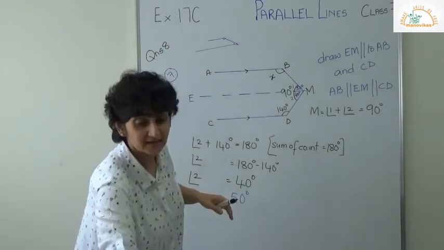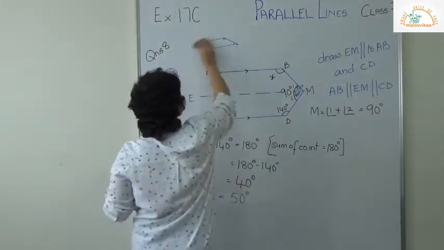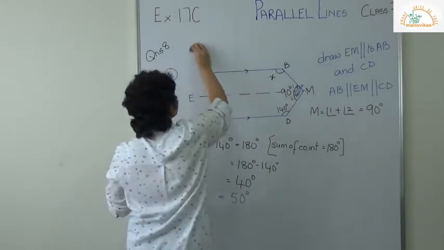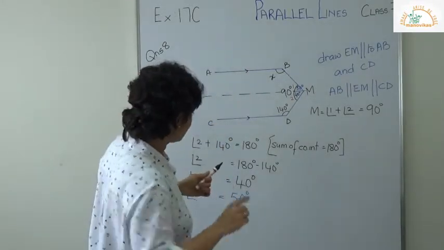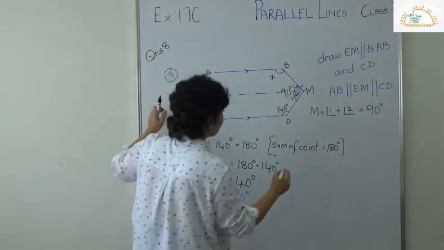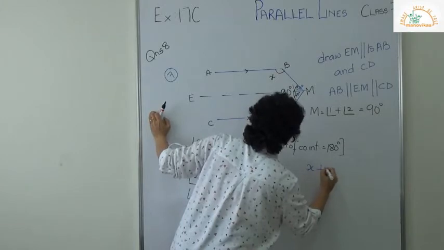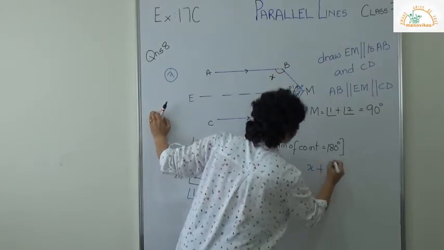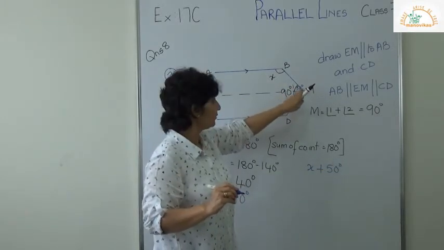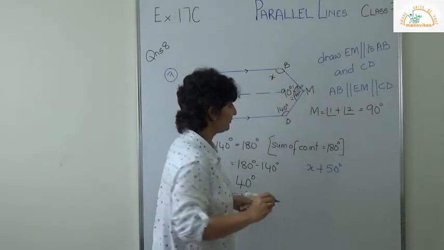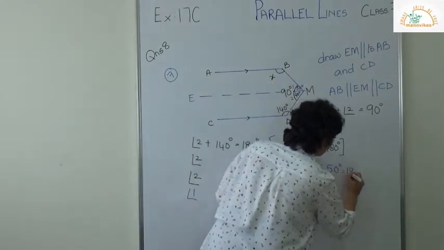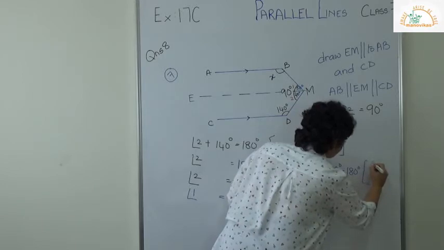So what is it, children? It is your co-interior angle. So let us do that. Let me write it here. So you have x plus 50 degrees, right? I will be taking angle 1. So x plus 50 degrees is equal to 180. What is your reason?